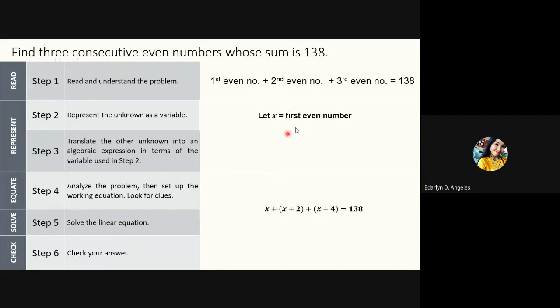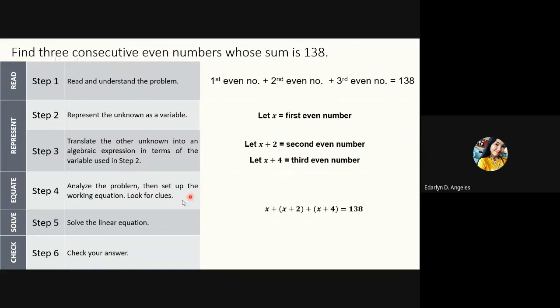Is that correct? So that would be: let x be the first even number, pertaining to the 0 or the first one. And our second even number is 2, so we let it be x plus 2 as our second even number. And the third even number would be 4. So that's 0, 2, 4.